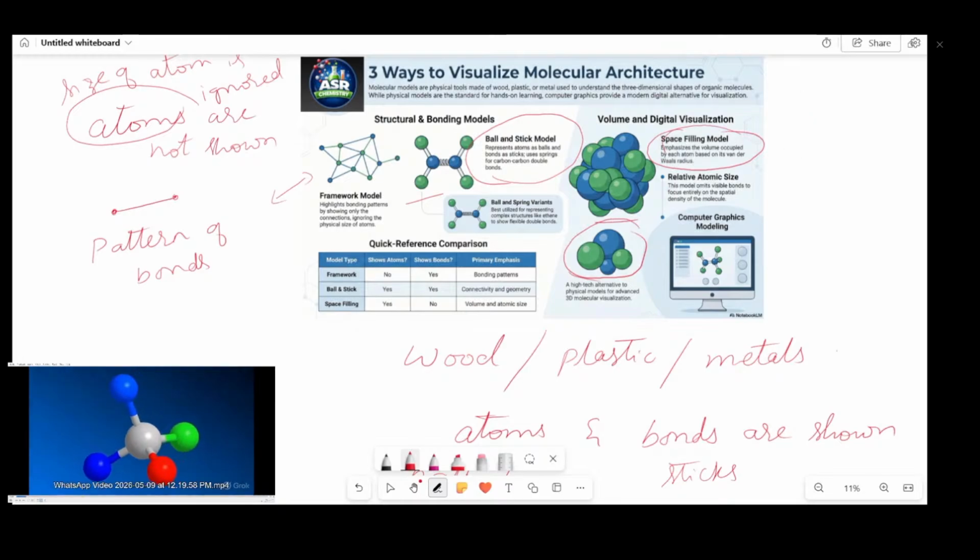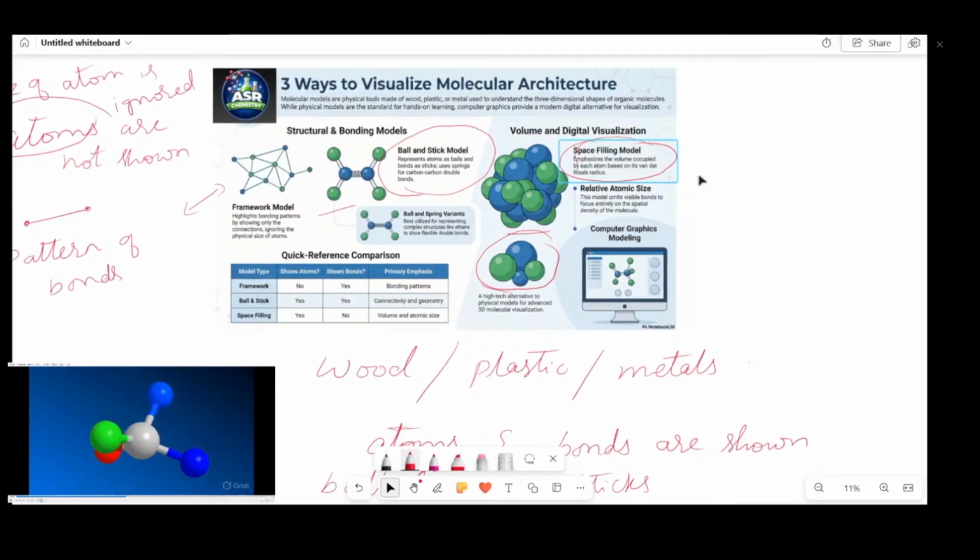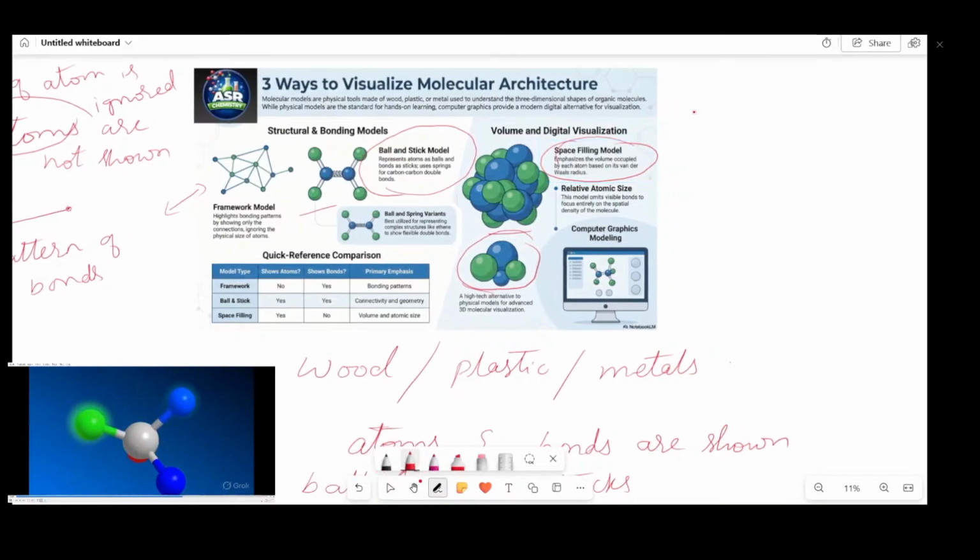In this you can see that bonds are not shown. In space filling models, bonds are not shown. It mainly emphasizes the size of the atom.